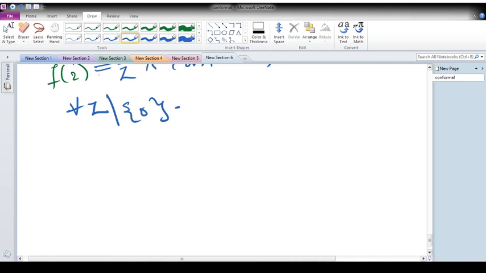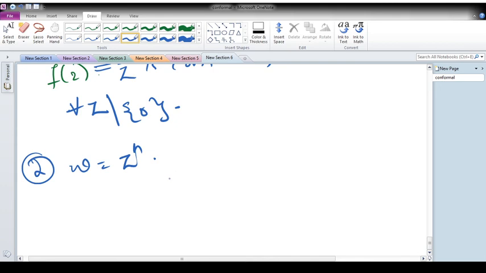Next, one more example I will explain. w = z^n is conformal. Find the points where this function is conformal, about z0.